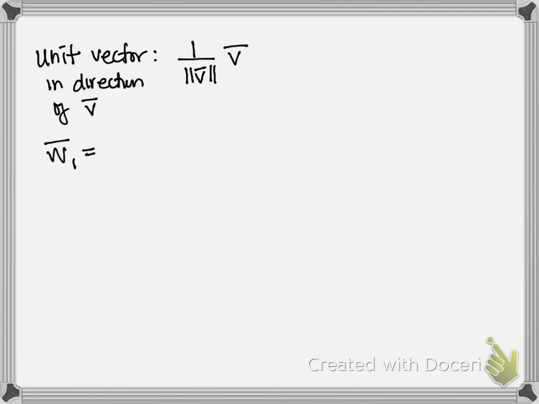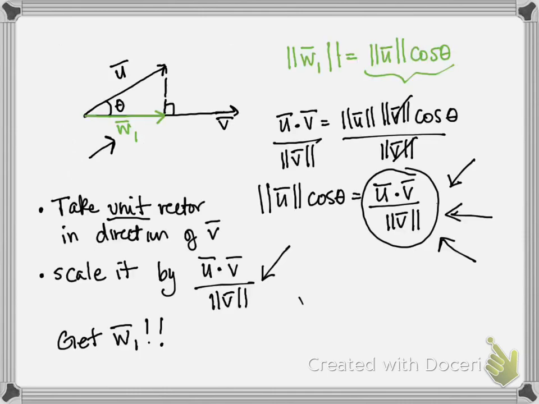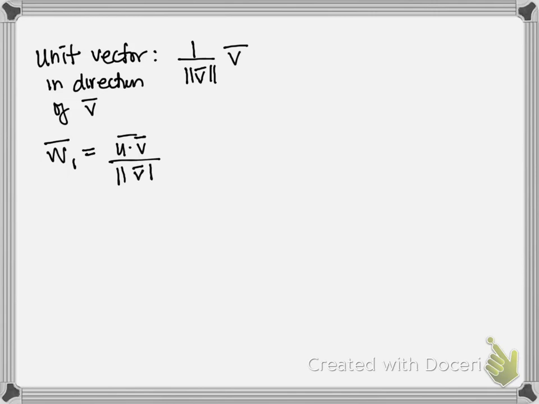W1 is u dot v over norm v times 1 over norm v.